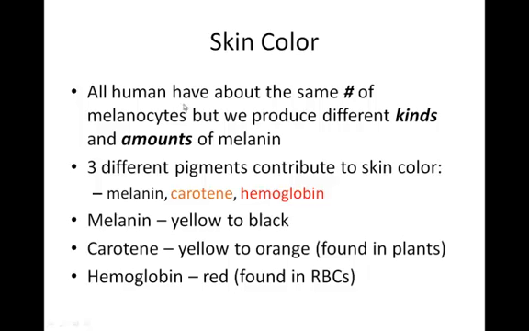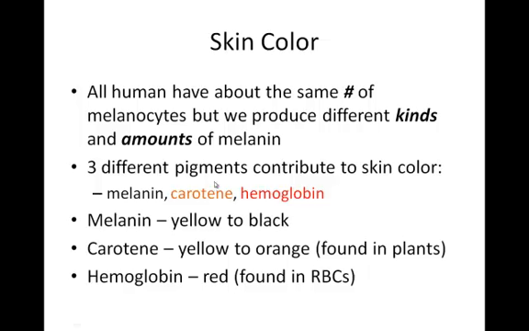All humans have the same number of melanocytes, regardless of what color we are, but we produce different kinds of melanin and different amounts of melanin. And then when we produce that melanin, we might degrade it at different rates. We might break it down faster. Some of us keep a tan longer, in other words, some of us break it down faster.